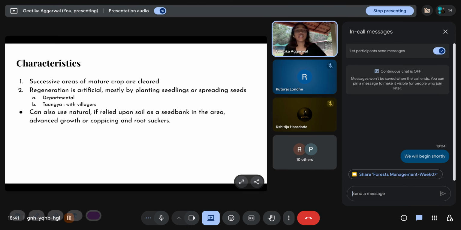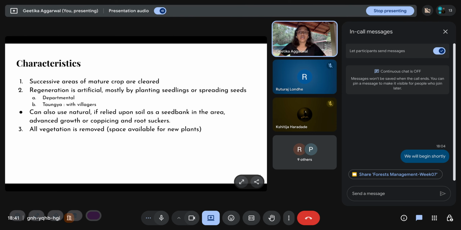And root suckers are when saplings come out of the roots of the trees. So if you leave the base of the stump and the root system intact, some saplings will start coming out of the roots, a kind of vegetative propagation where seeds are not involved and the trees are propagating vegetatively. So those are the cases where you can use natural regeneration.